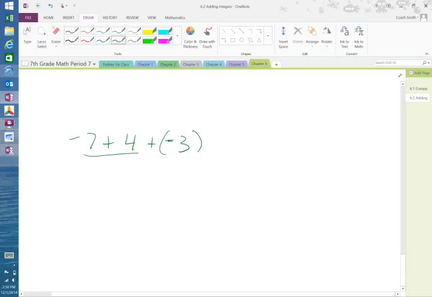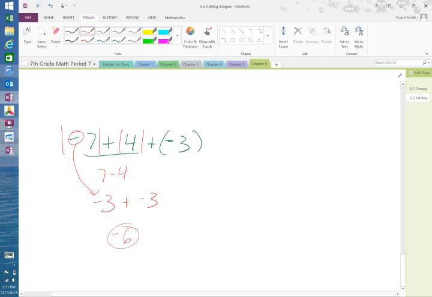Negative 7 plus a positive 4, I have to do the absolute value, and so that's 7 minus 4, which is 3, and it's negative 3 because of this. Now I have negative 3 plus negative 3, both of them are negative, so I just add the two numbers, 6, and it would be negative 6.